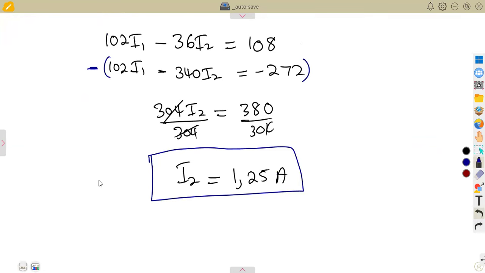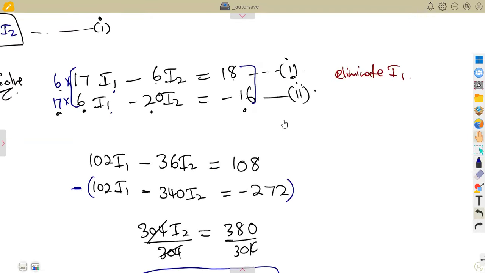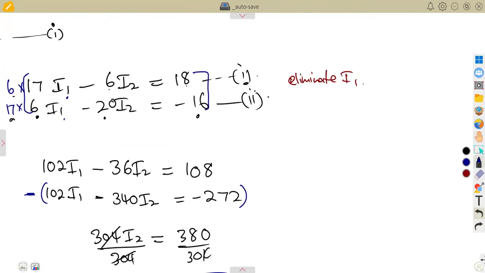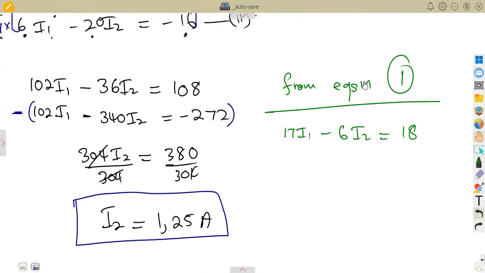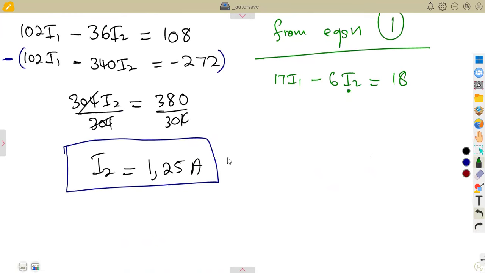To find I1 now, you have to choose any of the two equations and substitute there. I'm just going to use equation 1. From equation 1, we have got 17 I1 minus 6 I2, which is equal to 18. Substitute what you got in place of I2, we got 1,25. 17 I1 minus 6 times 1,25 is equal to 18.